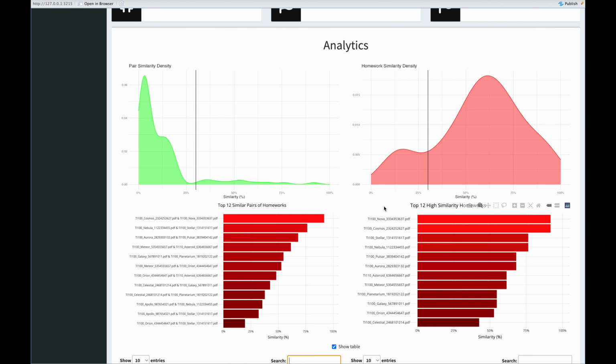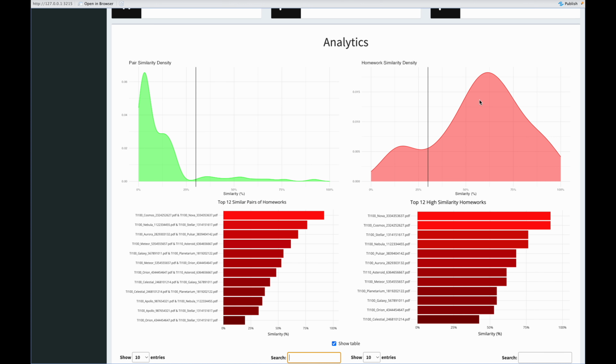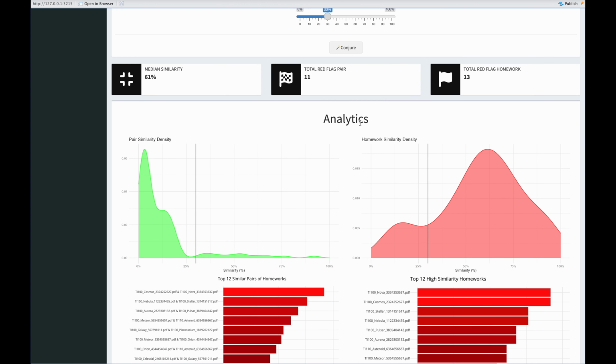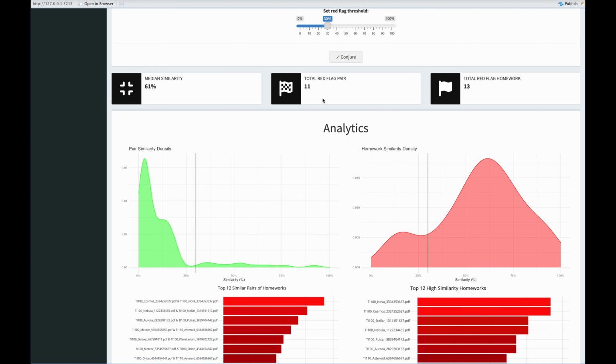And with individual homework similarity density, most of them are around here, around 60%. Okay, now let's move on to this box up here. This median similarity is the median similarity of this thing. That's why you can see right here it's 60. Okay, and this is the total red flag pair, and this is the total red flag homework, individual homework.